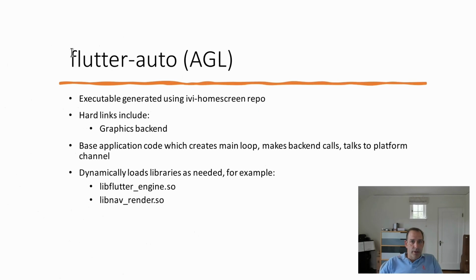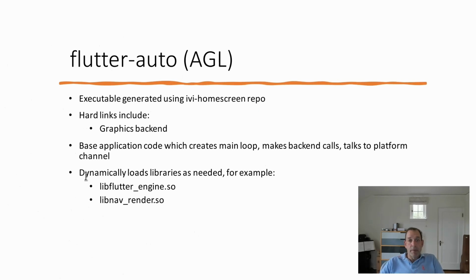So flutter-auto AGL is an executable generated using the ivi-homescreen repo. Its hard links include the graphics backend. It contains base application code which creates a main loop, makes backend calls, talks to the platform channel.